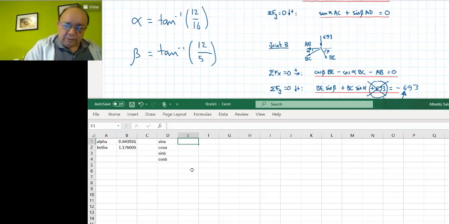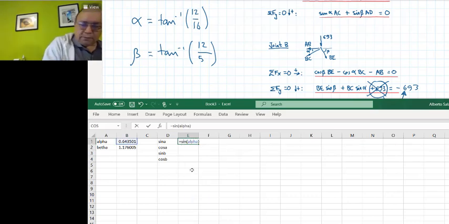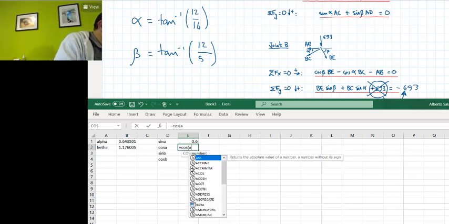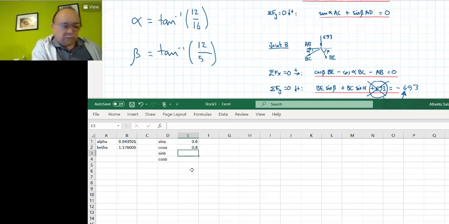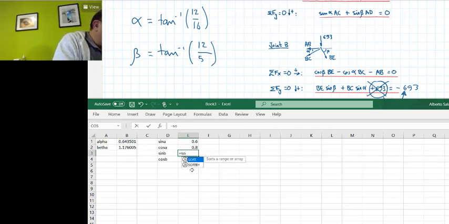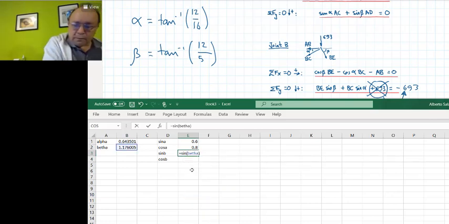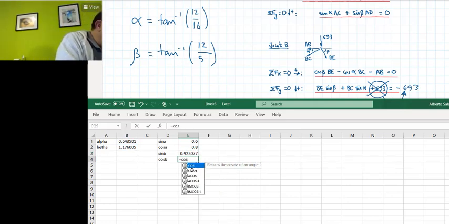So this one will be sine of alpha, this one will be cosine of alpha, this one will be sine of beta, and this will be cosine of beta.